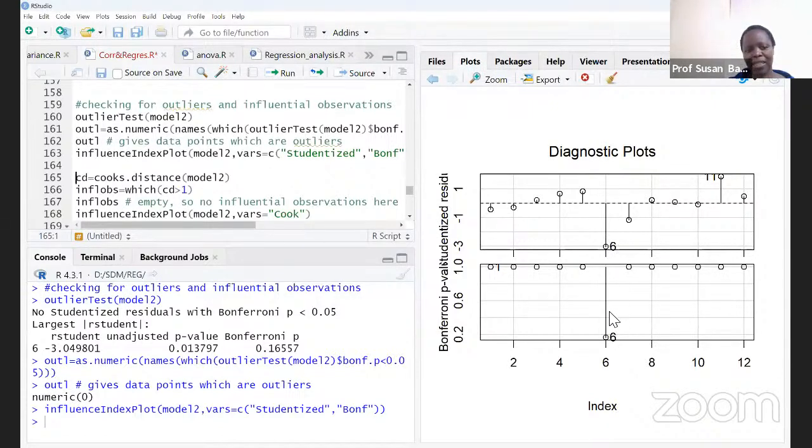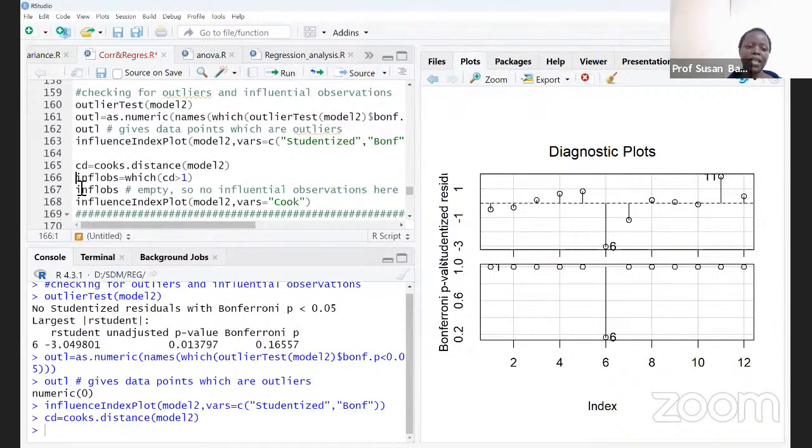It appears like it, but we can also use Cook's distance to test whether observations 6 and 11 influence our parameters. So the next part, Cook's distance, is going to help us see whether any of those values is actually influencing the value of the parameters. Line 165 is the Cook's distance. We are going to calculate Cook's distance for all the observations, and we are calling that object CD.